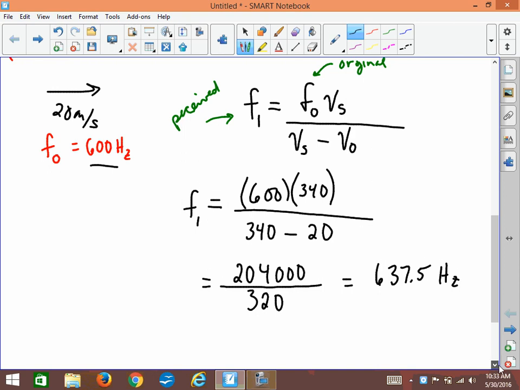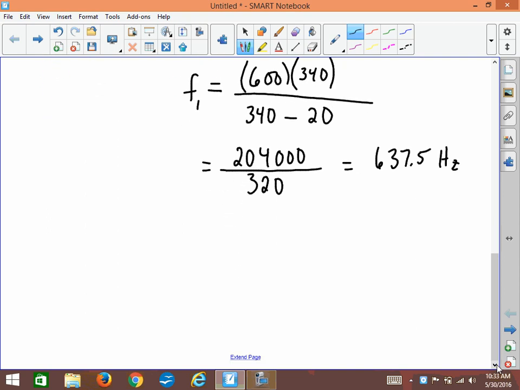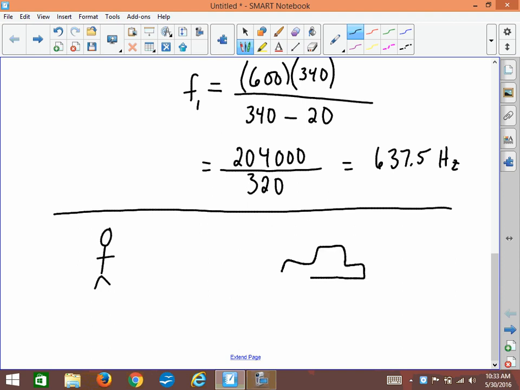Now let's think about the next scenario when the car passes. So now the car has passed you by, and it's over here, right? But it's still going this way at 20 meters per second. And it's still sounding its horn with a frequency of 600 hertz.